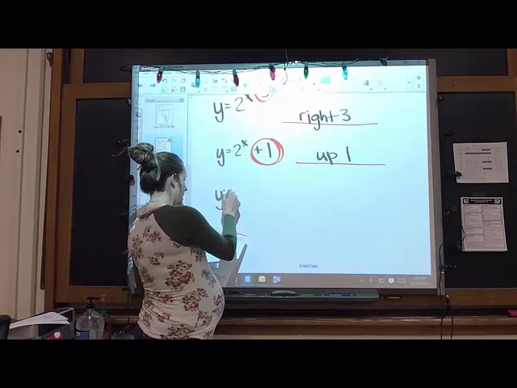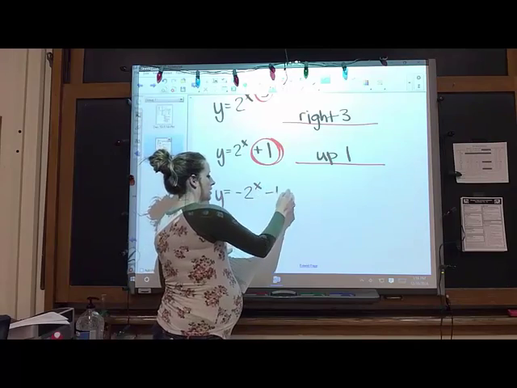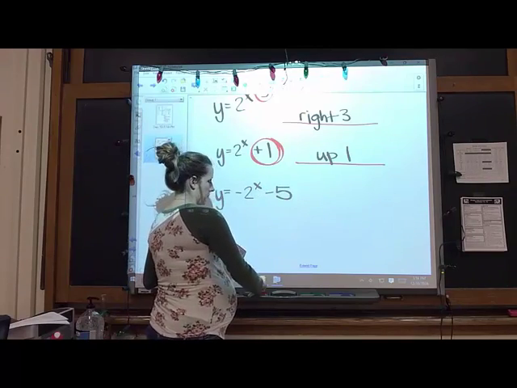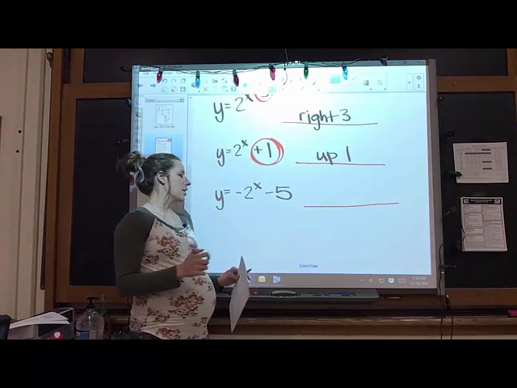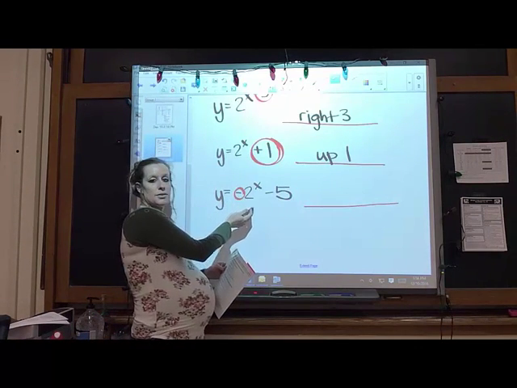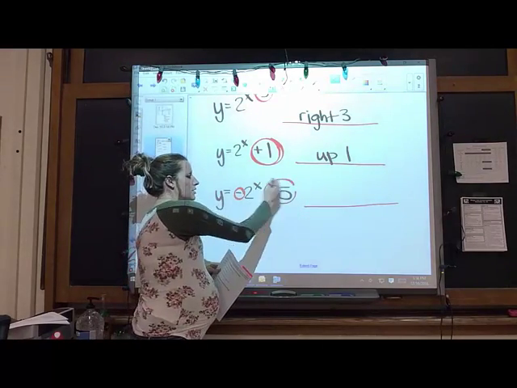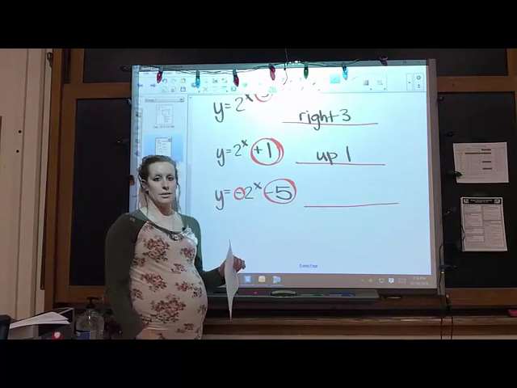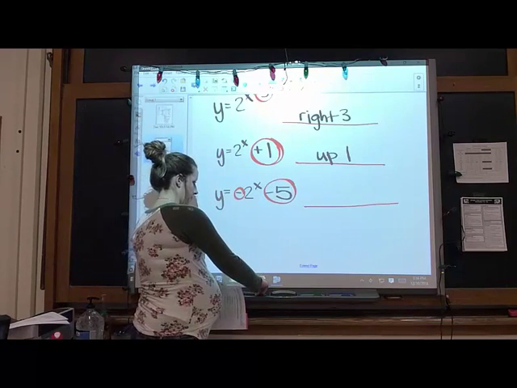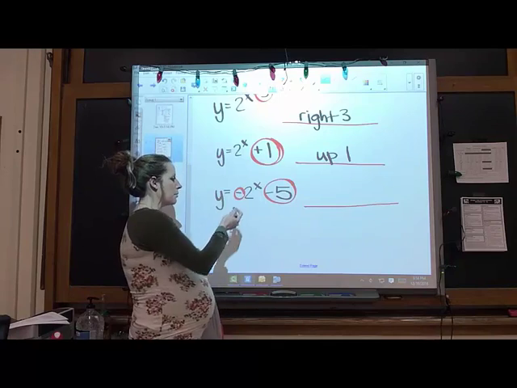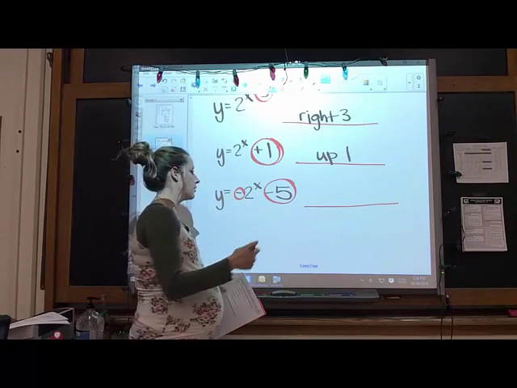Last one on that section, negative 2 to the x power minus 5. So we have two different changes going on here. We have a negative in front of our 2 to the x power. We also have a minus 5 at the end. So it's actually going to change in two ways. If you remember, the negative at the very beginning is going to flip it.